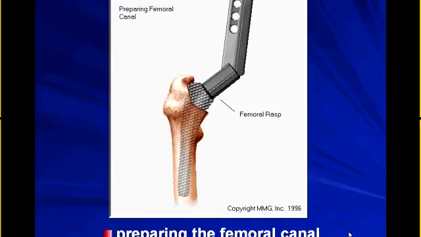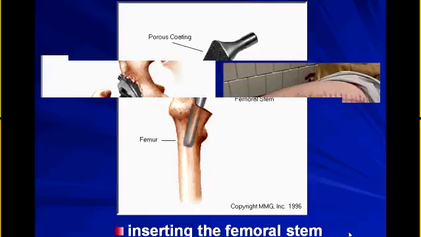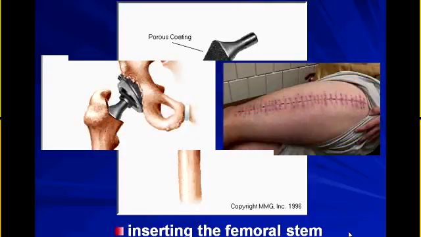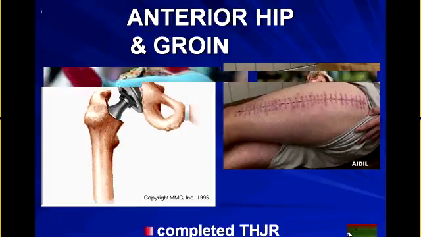The hardware is actually measured out long before the surgery for the patient. Then they literally drive the femoral stem in before they put on the hardware for the head. And then again, they'll make sure that the hip moves well while the patient's still under anesthetic. They may use sutures, they may use staples to close. So that diagram on the right there shows you a fairly extensive incision site.